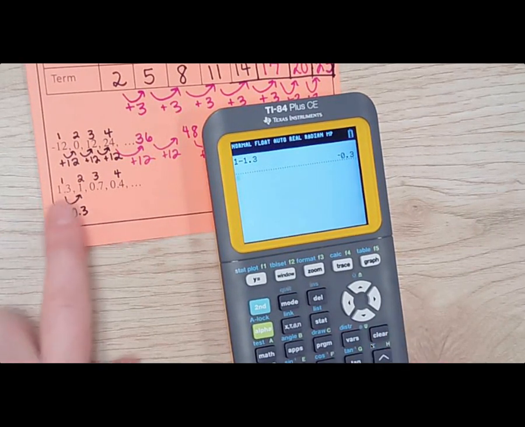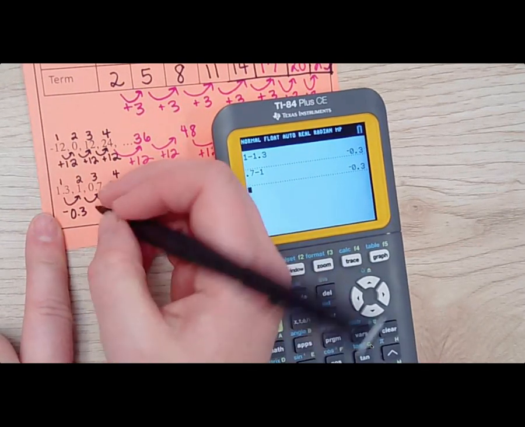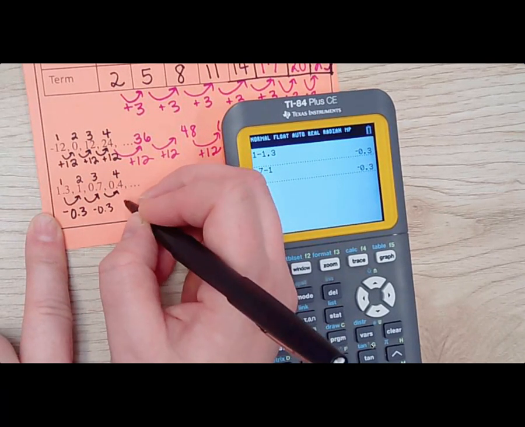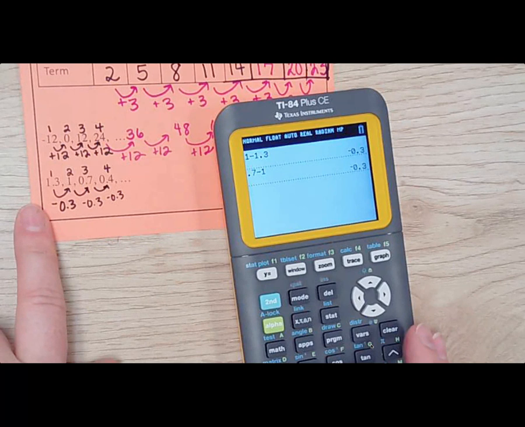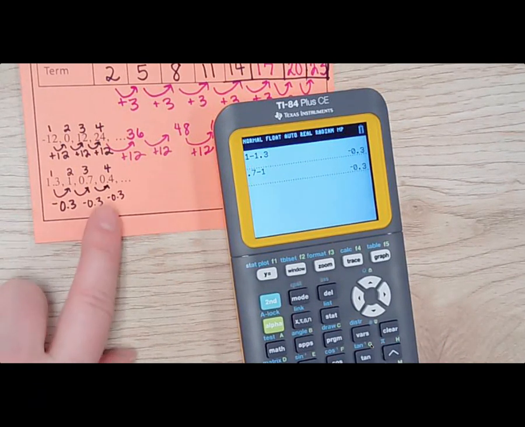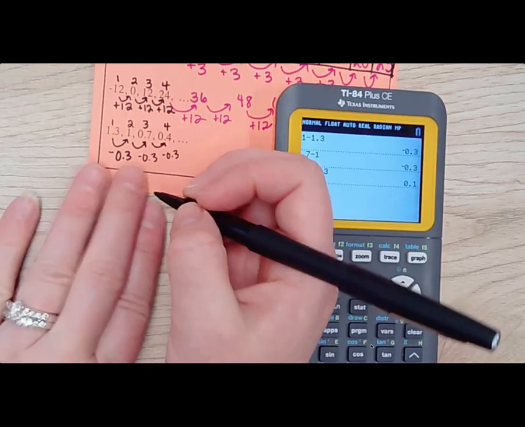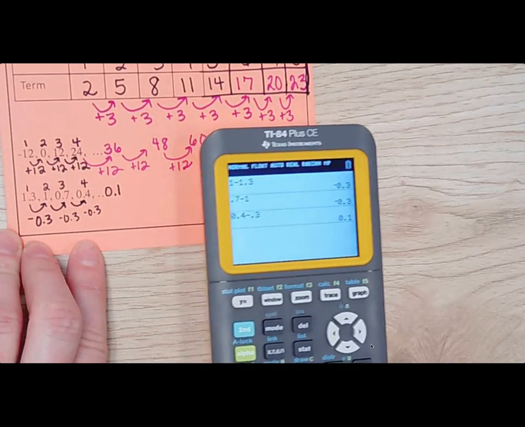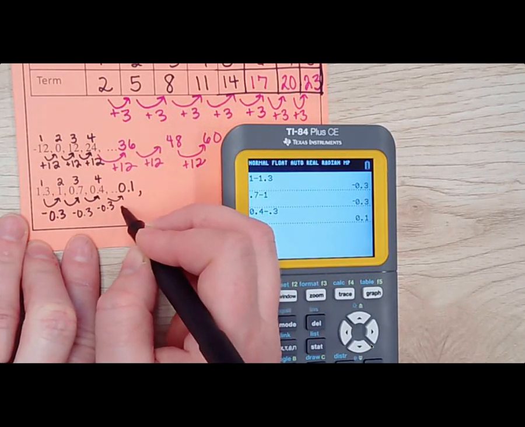Yeah. Okay, then from 1 to 0.7. So we do 0.7 minus 1. Same pattern. Minus 0.3. 0.7 to 0.4. Yep. Okay, we want to find the next three terms. So I need to take 0.4 minus 0.3. 0.1? And then I need to subtract 0.3. Yeah, we'd be going in the negative.